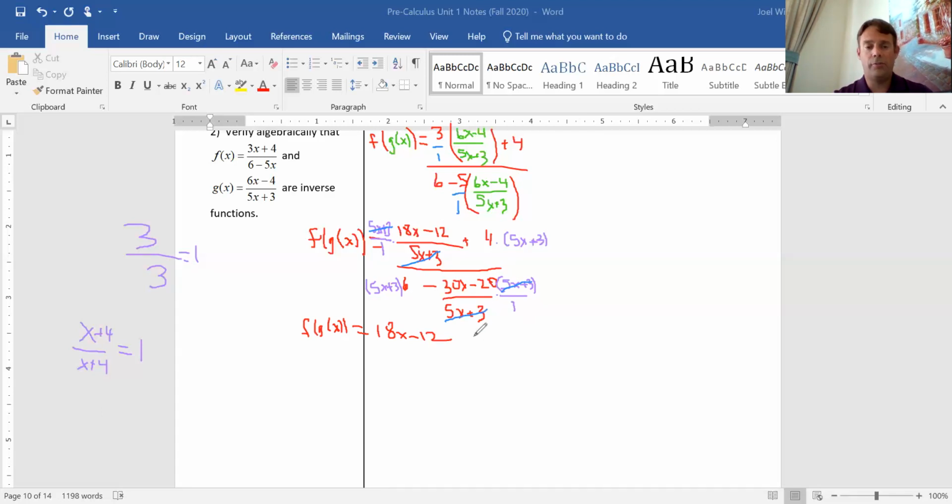And plus, I have that 4 times 5x right here, that'd be 20x. And 4 times 3, that'd be positive 12. So that's what I'm left with in the numerator.